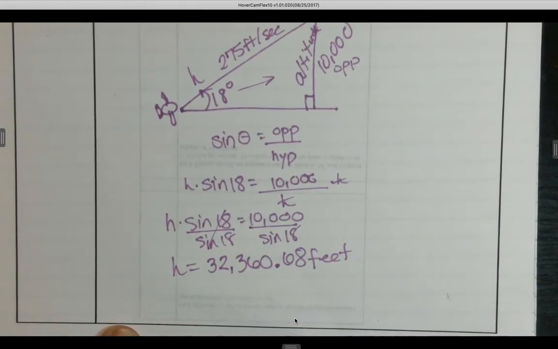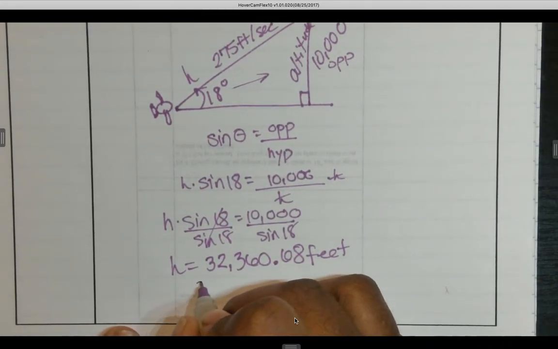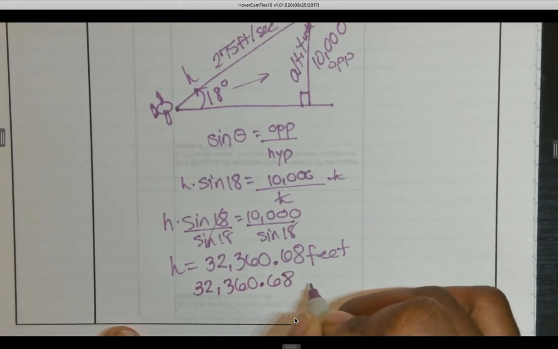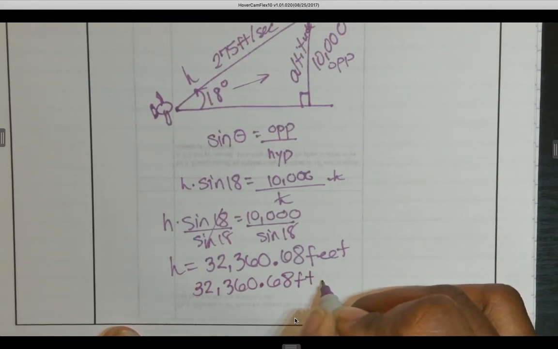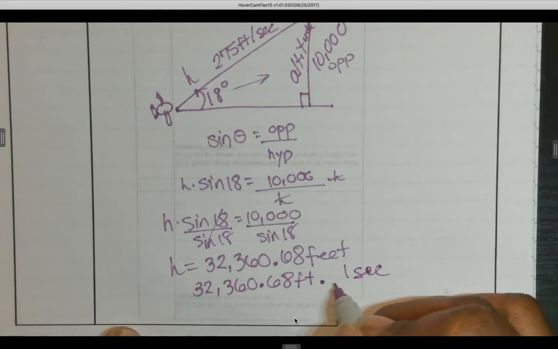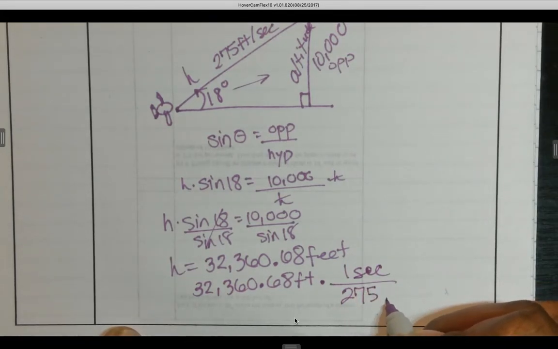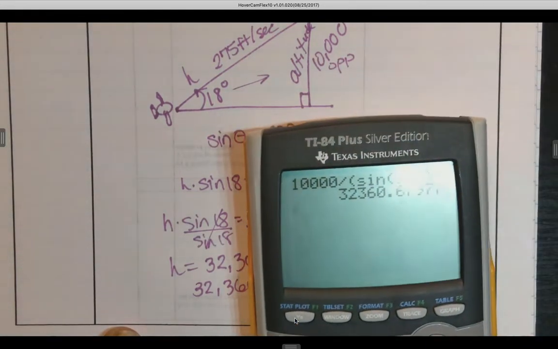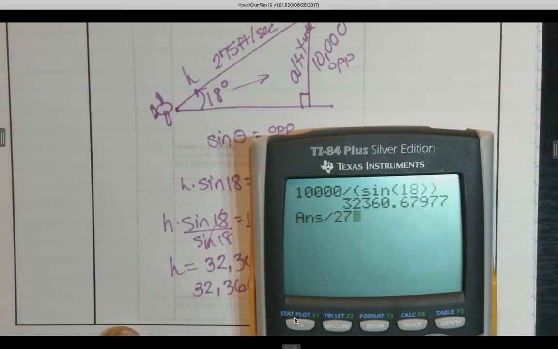So I know that I have 32,360.68 feet, and if I multiply that by, in 1 second, it can go 275 feet. So I'm basically just dividing out how many 275 feet it's gone. So I just take my number, divide it by 275.